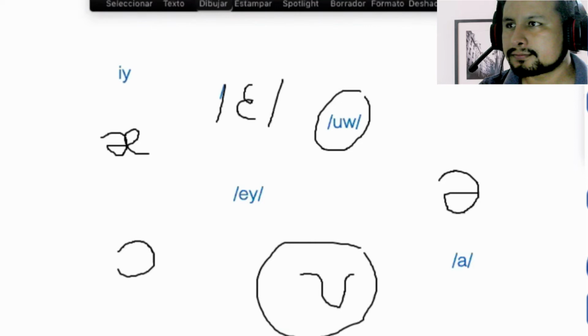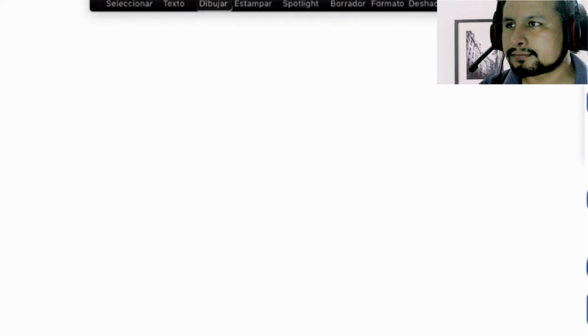Now, in your book, you will always see something like this. For example, for this sound, this is the symbol used in your book. Okay, but now you need to know that in some other textbooks or dictionaries, you will find different symbols, but the sound is the same.